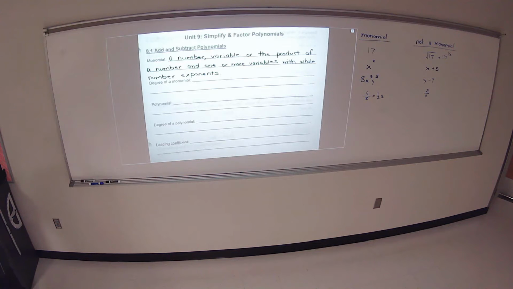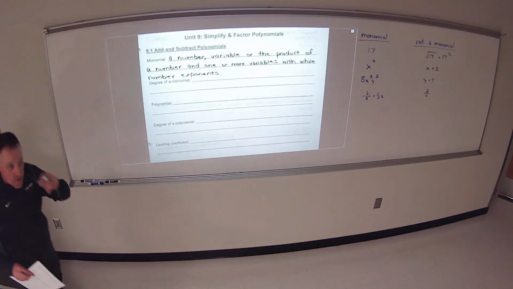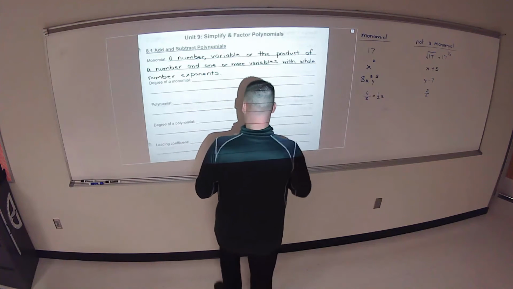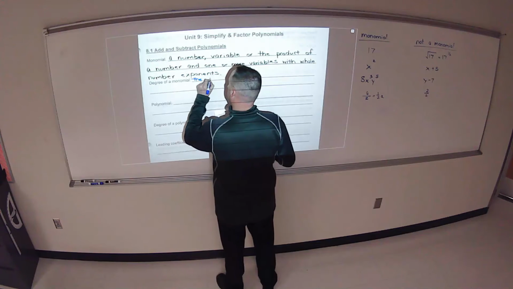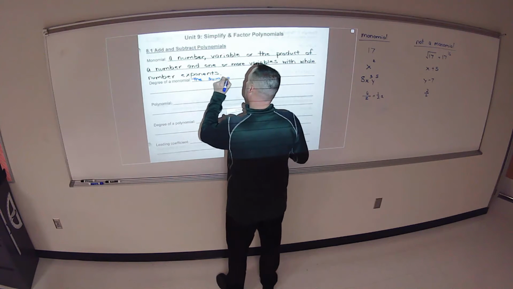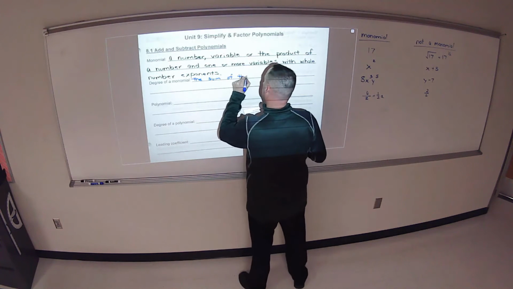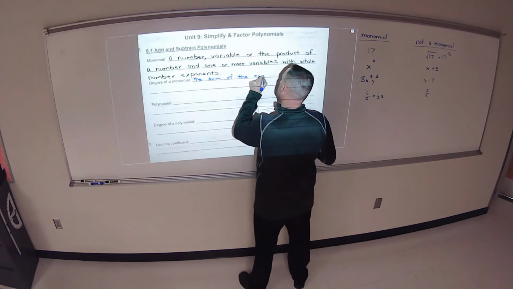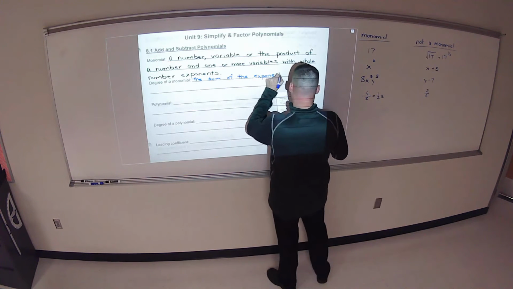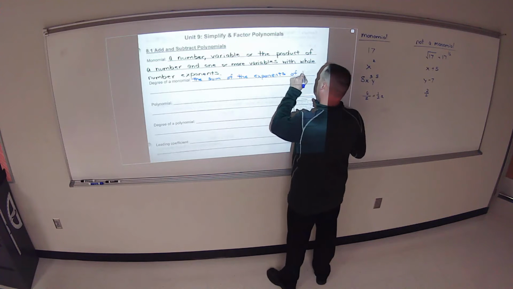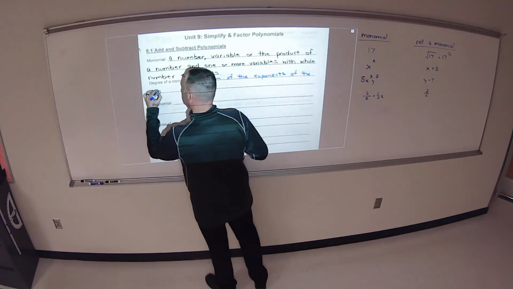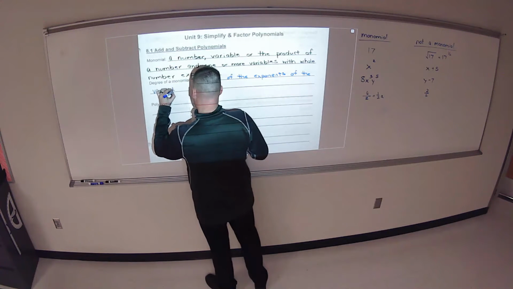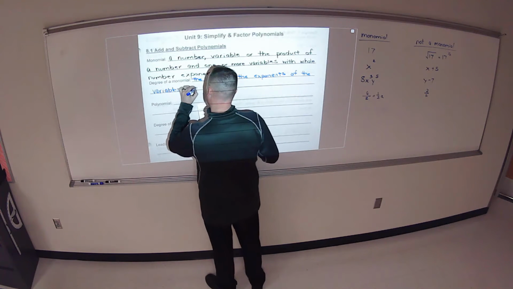All right, now the next thing we need to talk about is what is the degree of a monomial? Because each monomial has a degree. And here's how we're going to define this. This is the sum of the exponents of the variables in the monomial.